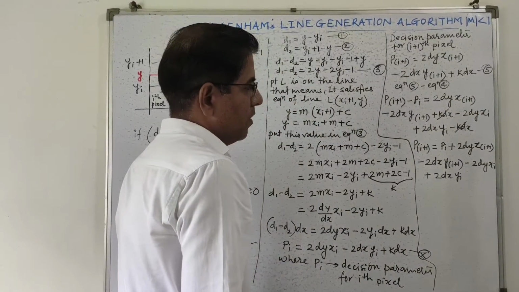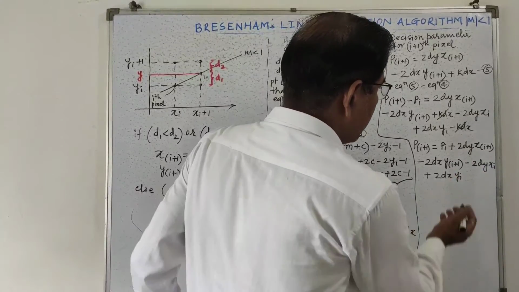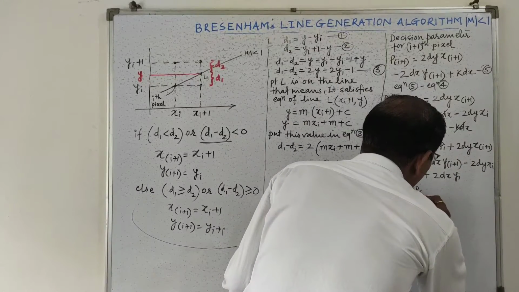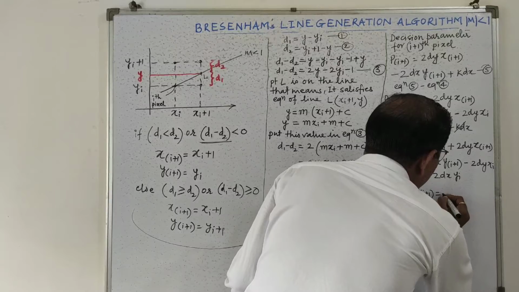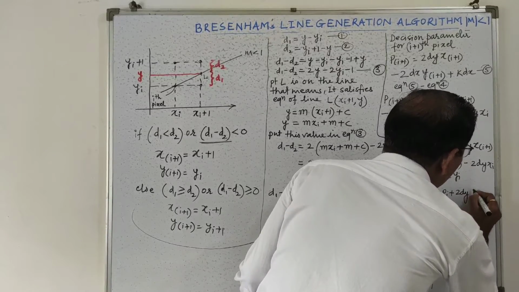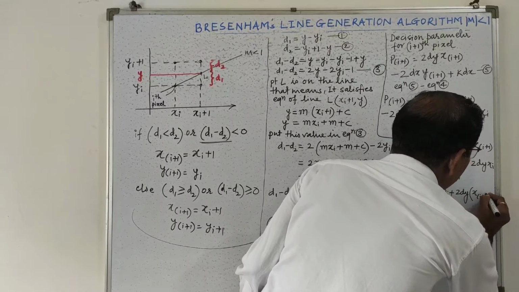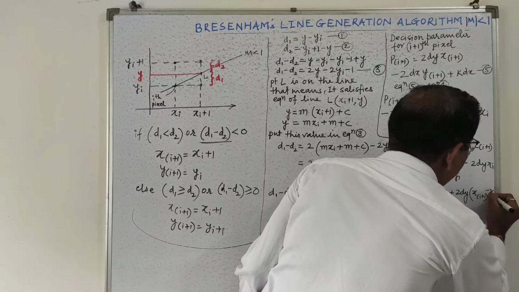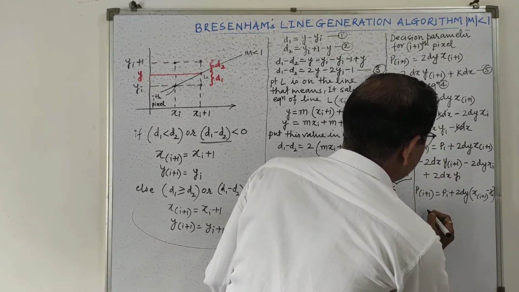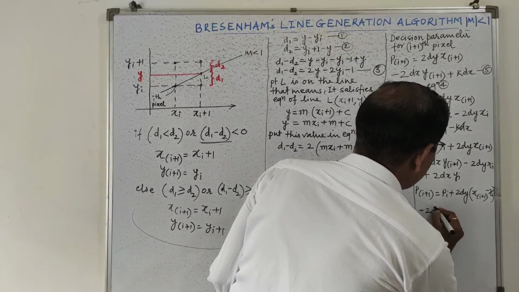Okay. Now take 2 dy common here. So pi plus 1 is equal to pi plus 2 dy. If you take 2 dy common, then it is xi plus 1 minus xi, minus 2 dx.